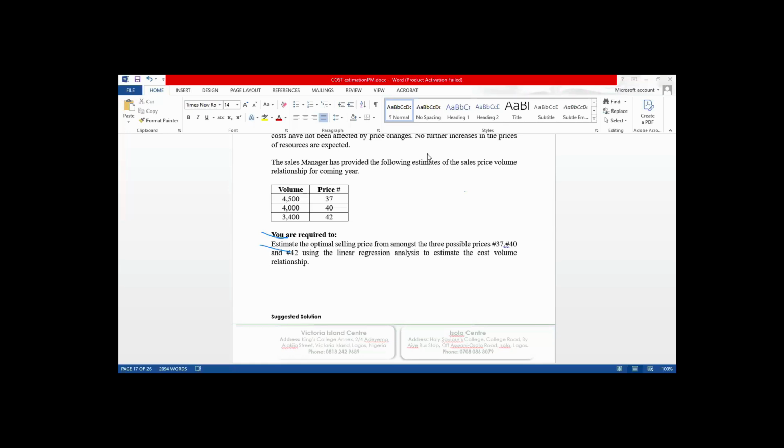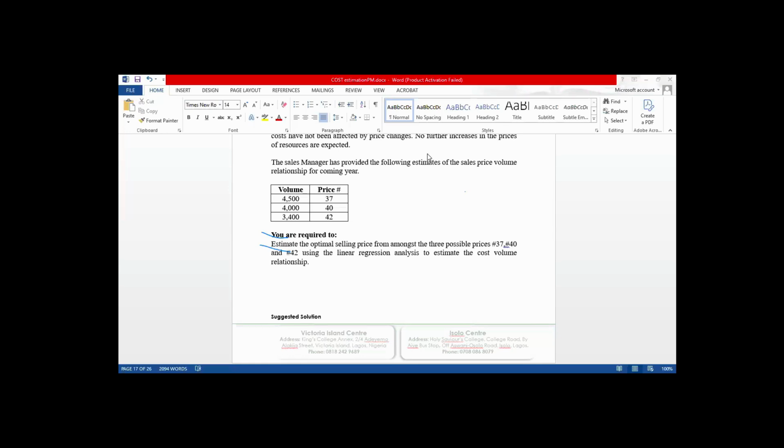If you look at this question, like I explained at the start of this topic, cost estimation is a topic that is not standing alone. It is related to all topics under performance management.